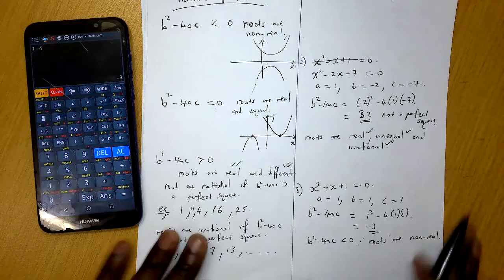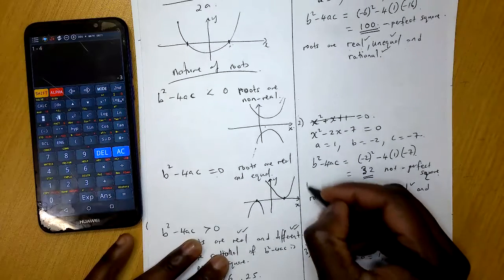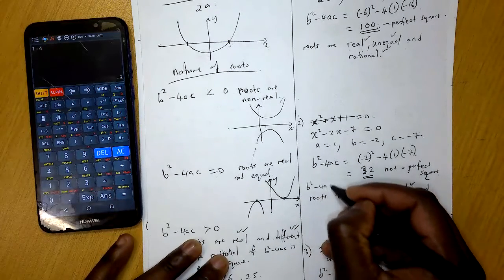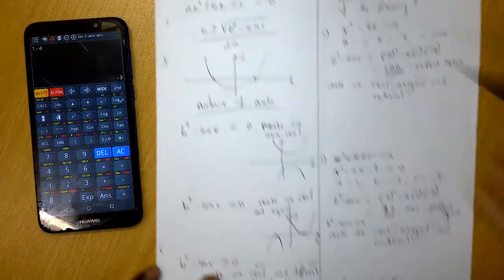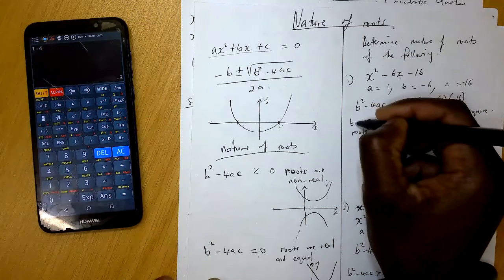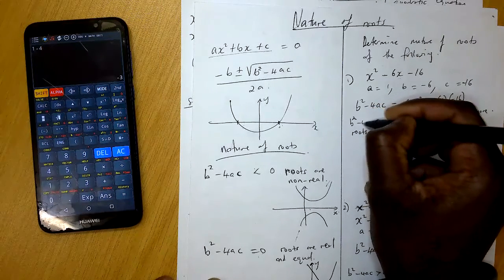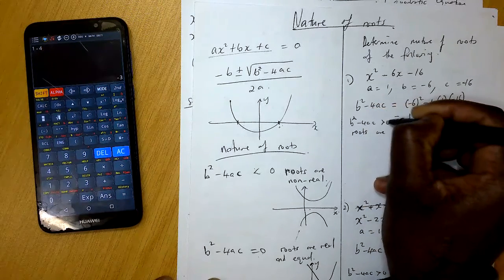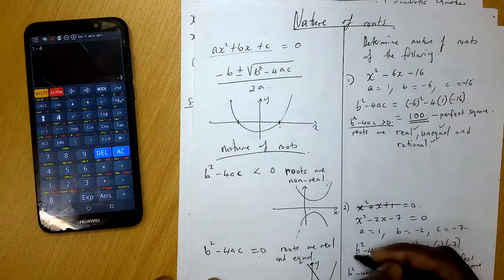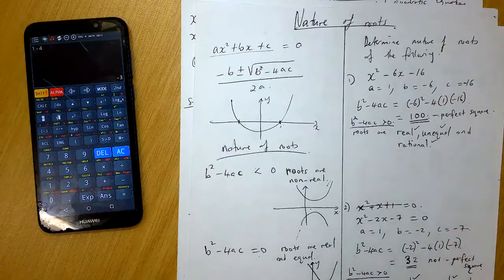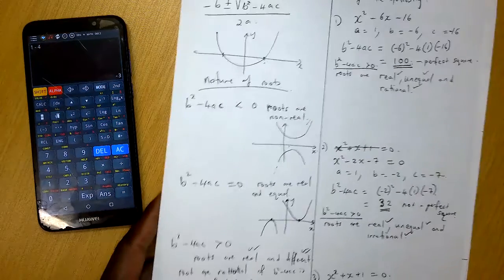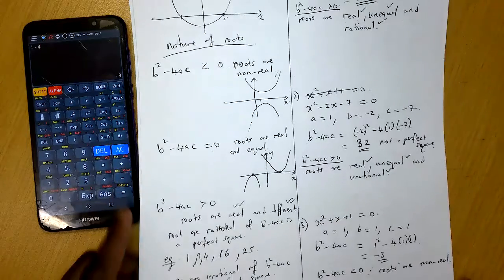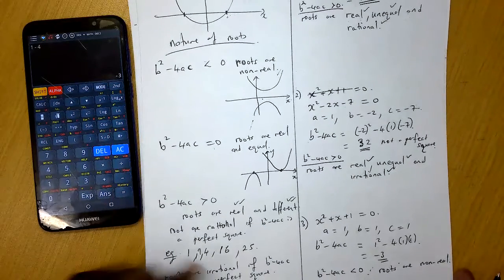So here you need also to state that b squared minus 4ac is greater than 0 in the earlier cases. Just need to state that. Forgot to tell you that, sorry. So that's what we have there. That's what you must understand.